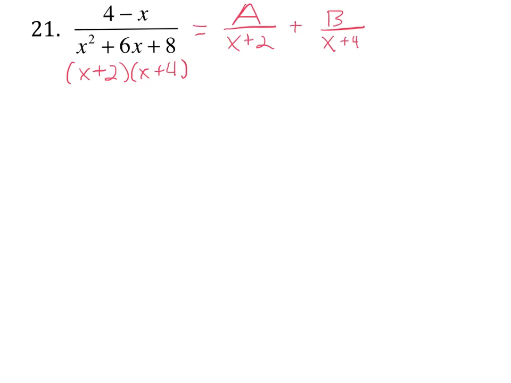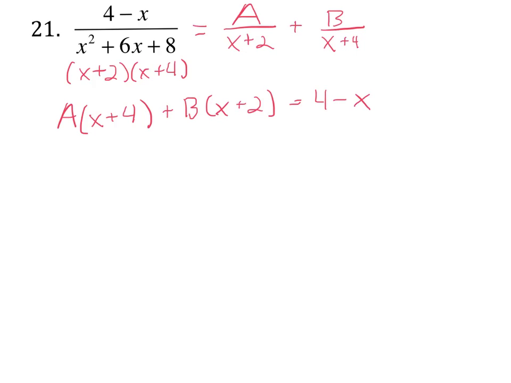And now if we were to add these two fractions together to get back to the original, we would need common denominators. So we would have to multiply the a by x plus 4. And we'd have to multiply the b by x plus 2. And once we did that, we should get back to our numerator, which is 4 minus x.